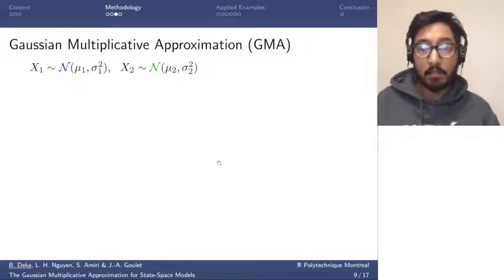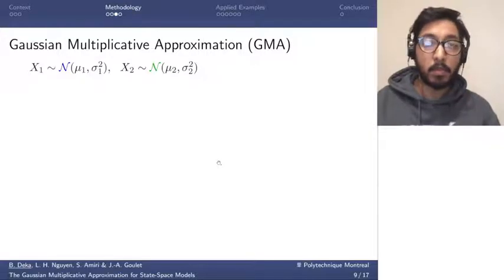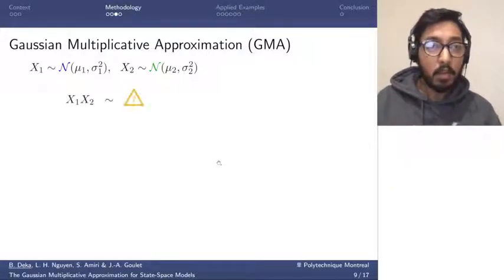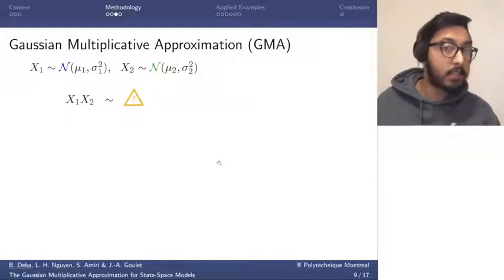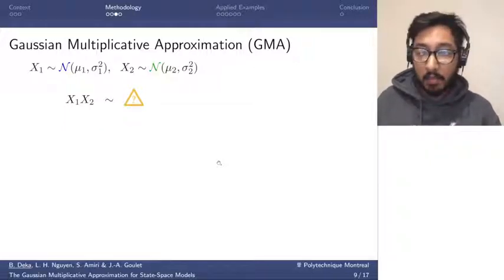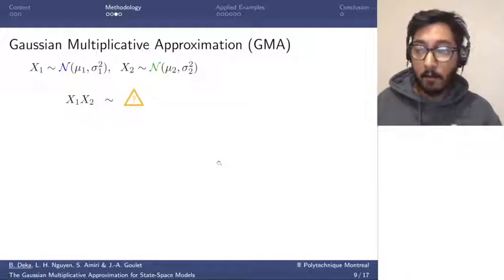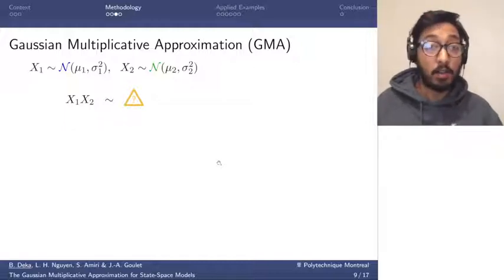We assume that we have two Gaussian random variables having the parameters mu1, sigma 1 square for one, and mu2, sigma 2 square for the other. Now the actual distribution for the product of x1 times x2 is unknown. There can be some simpler or known distributions for certain situations, but in general this is unknown.